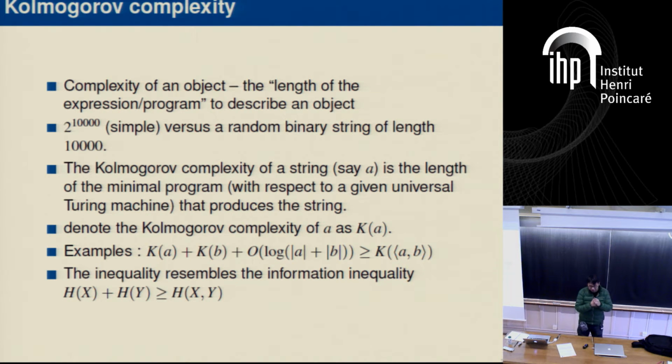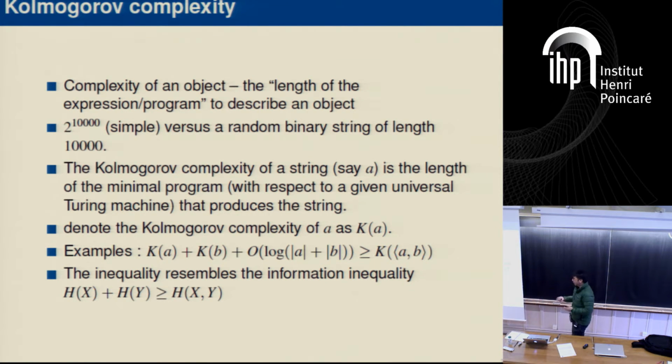For example, you can have a string of 1,000 bits that are all 0. Compared to a string where you randomly flip 0 and 1, you would probably think the all-0 string is not random at all. Its complexity is very low. So Kolmogorov complexity is kind of the explanation or description of this concept.